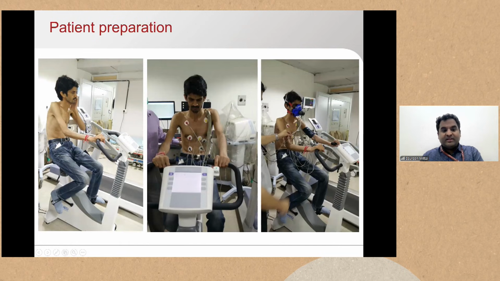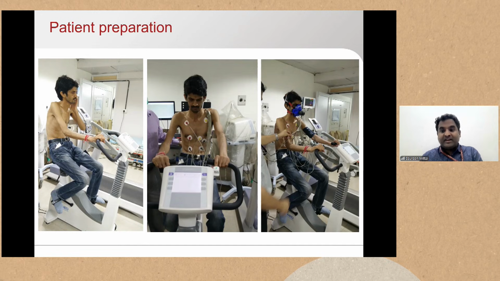I'll just show that this is the machine which has a cycle ergometer. There are two types of devices which can be used. One is the cycle ergometer, another can be a treadmill. The treadmill is seen behind the patient in the next image. Also, the last image shows the complete setup. The patient has a lot of ECG electrodes connected to them. The patient has a mask and a turbine here which helps identify the gas exchange.